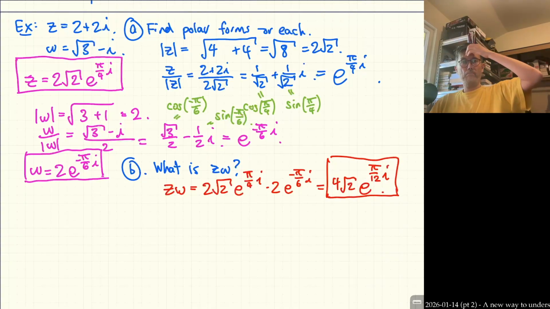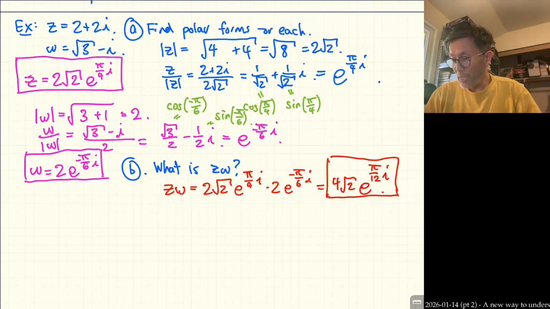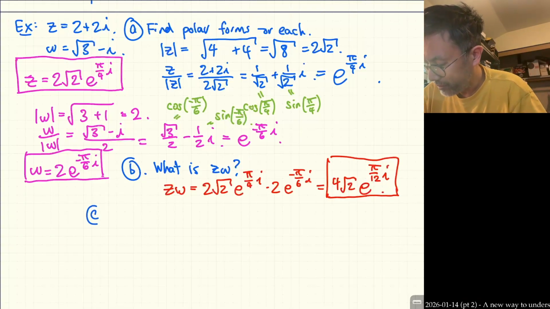By the way, we can also do things like part C. What is z squared?